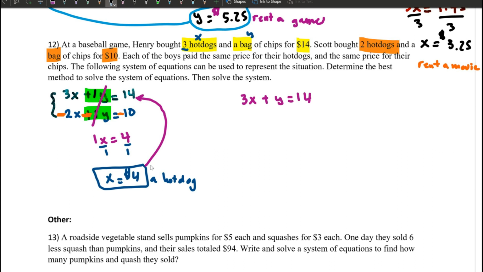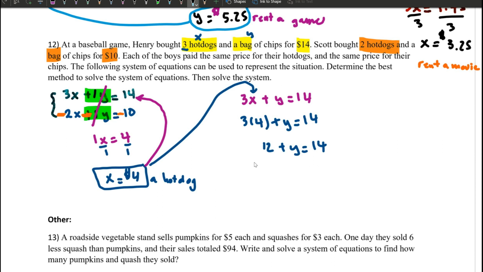In this case, we know our x is 4, so 3 times 4 plus y equal to 14. 3 times 4 is 12 plus y equal to 14. Minus 12 from both sides. We have y equal to 2. Okay, so $2 for a bag of chips. Chips again is $2.